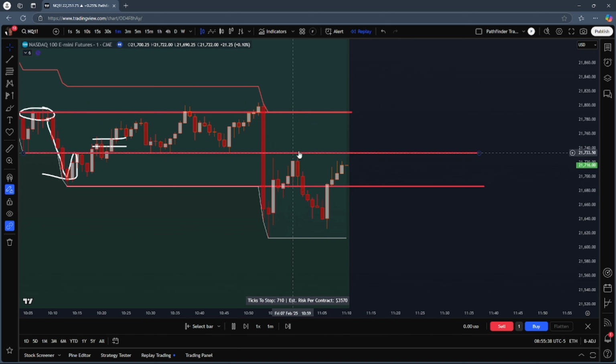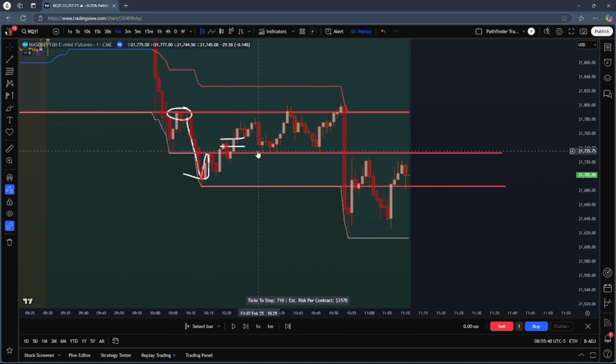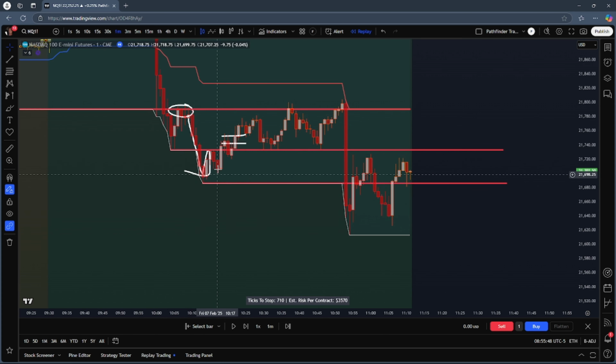So if you look here, this was a level right here, and I want you to look at the response of price on this. The market broke, came back up below, did not hold right here as resistance. So the market could have just continued from right there. It didn't. Instead, that market pushes up, and if you look, it acted like support twice.